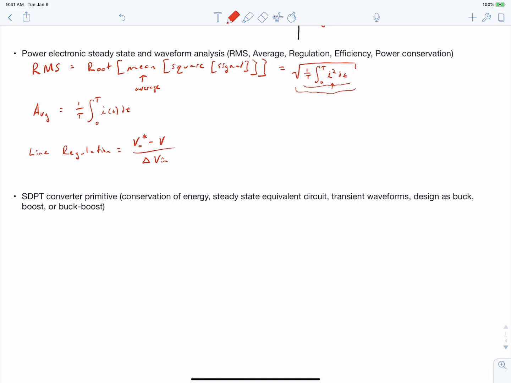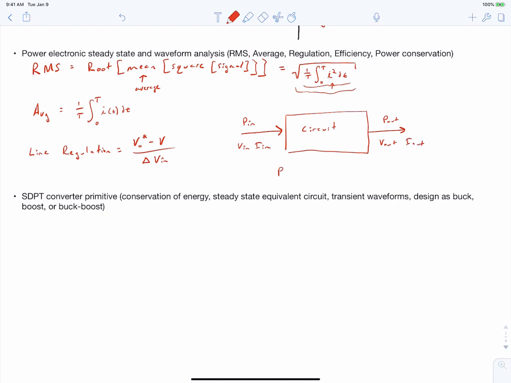Also, you should be familiar with power conversion, power conservation, and efficiency. You should really internalize these concepts because they come up time and again in this class. If we have some arbitrary circuit and we connect to it a source, which means that we have an input power going into it with some voltage and some current, we can talk about the power that comes out of it, and it will have a voltage and a current again.